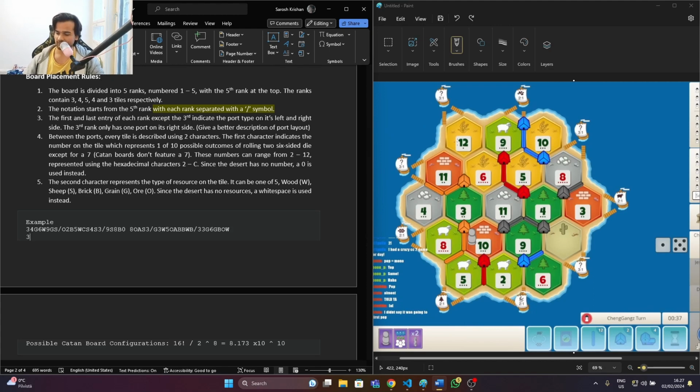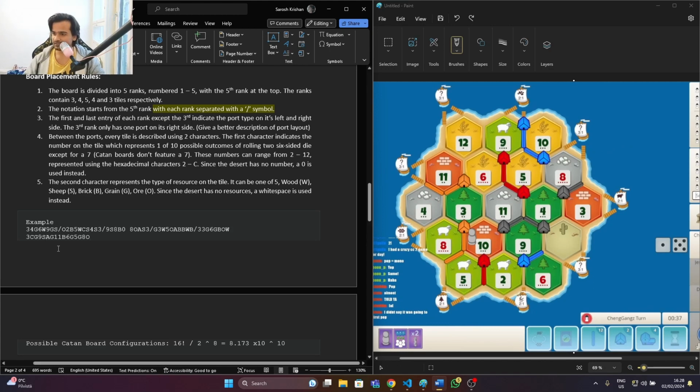So this is a 12, which is a C grain, so CG, and then there's a 9 sheep, there's a 10, which is A grain, and an 11 brick, a 6 grain, a 5 grain, and then an 8 or, oh shoot, I'm sorry.